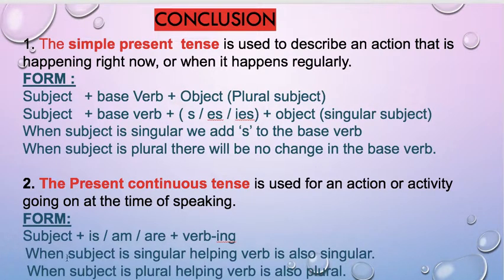Okay, so I repeat, the form the present continuous tense takes is subject plus is or am or are plus verb plus ing. Okay, when subject is singular, helping verb is also singular. When subject is plural, helping verb is also plural.